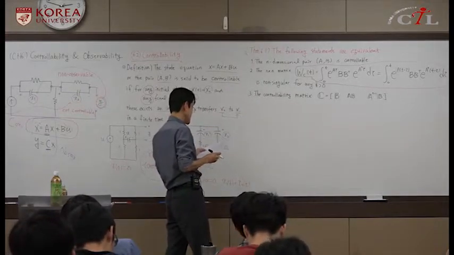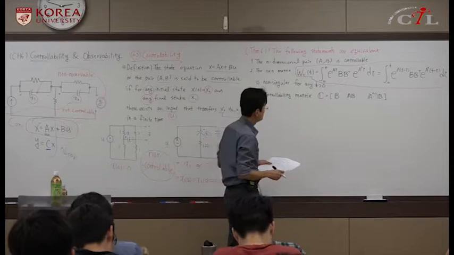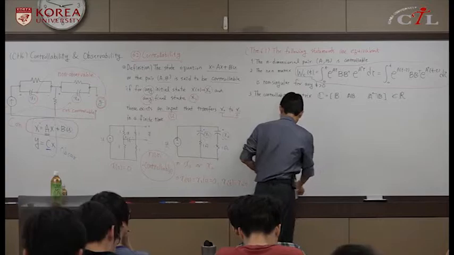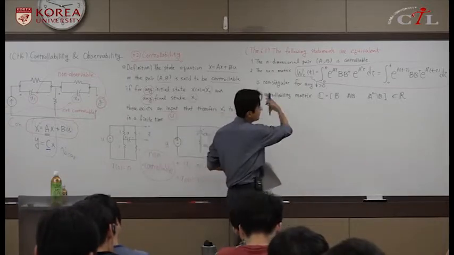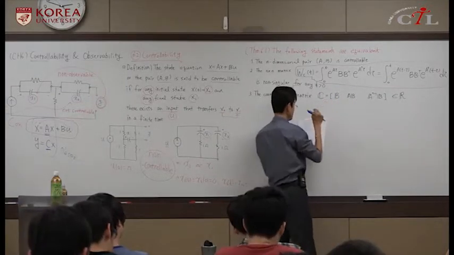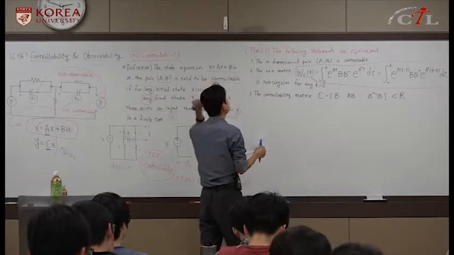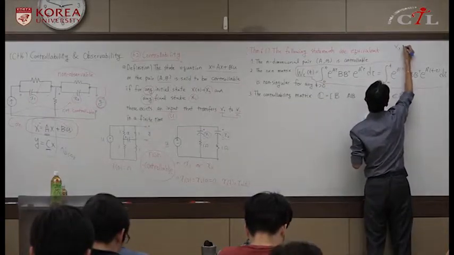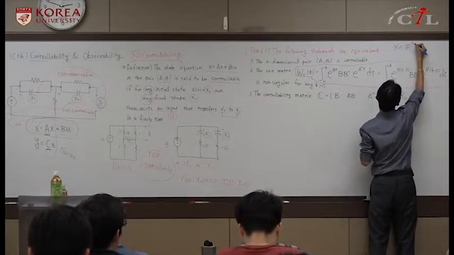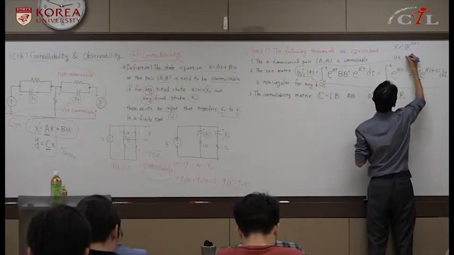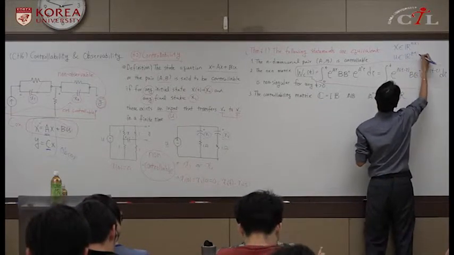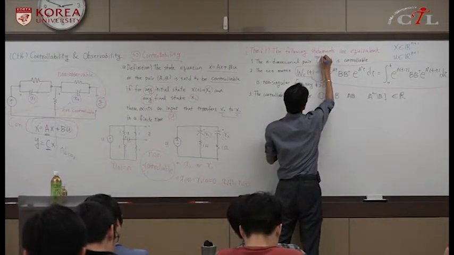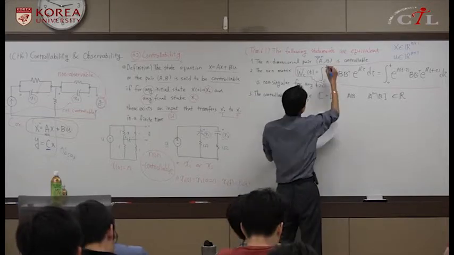The controllability matrix, what's its dimension? Let's say that the state is a vector of n, and the input is a vector of p. Then A is an n by n matrix, B is an n by p matrix.